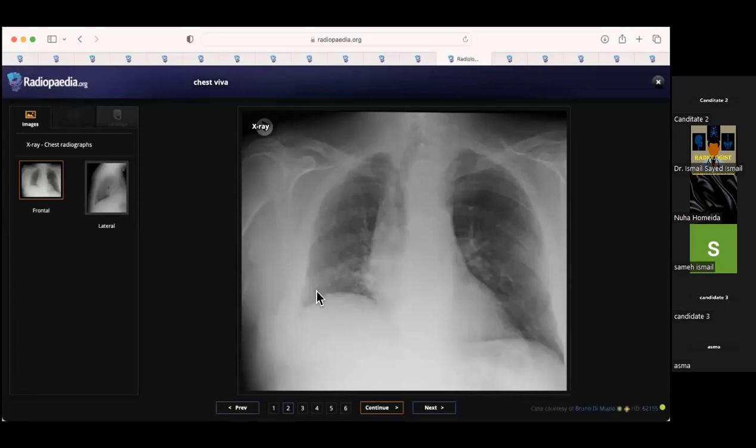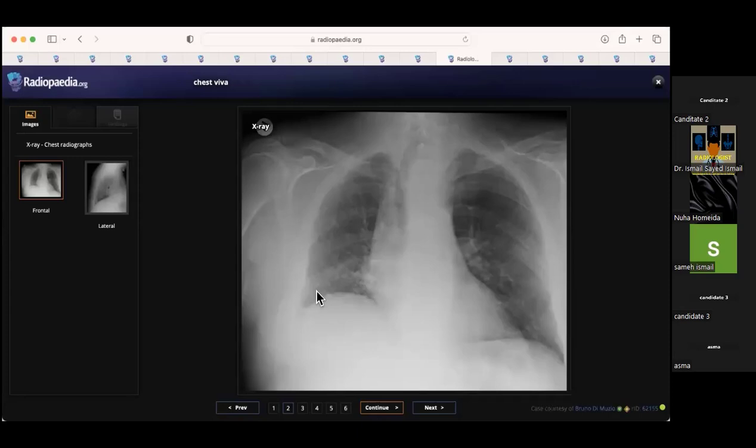So this is an elderly patient, a 70-year-old who presented with shortness of breath. I'm presented with the frontal chest radiograph of a 70-year-old male with shortness of breath.